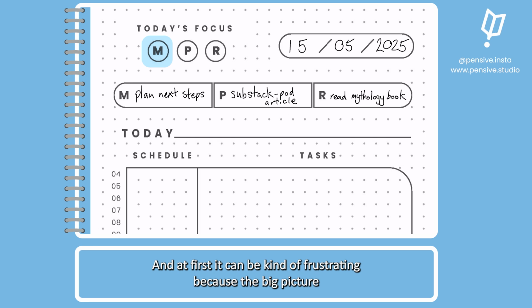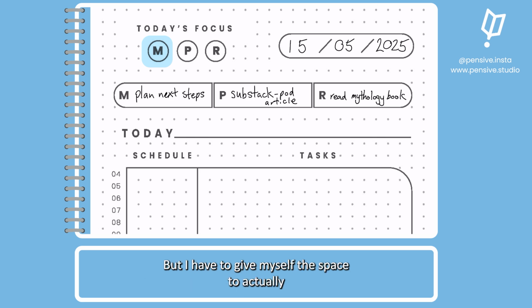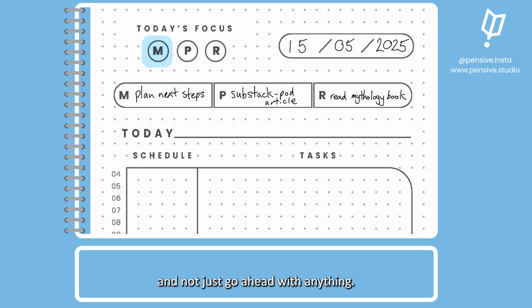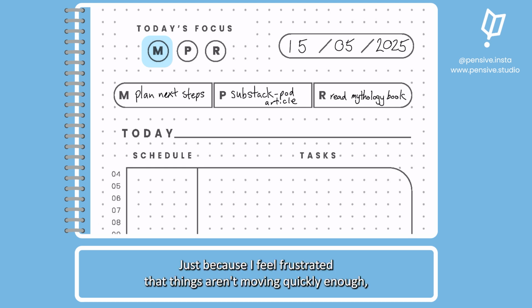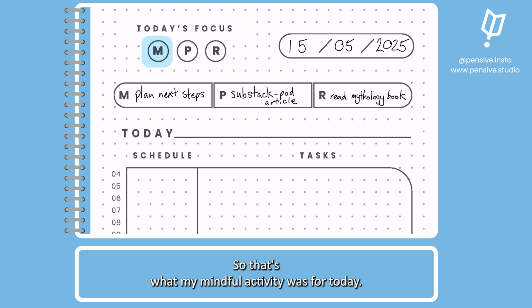At first it can be frustrating because the big picture doesn't come straight away and the answers don't come straight away, but I have to give myself the space to look at what I'm doing and not just go ahead with anything just because I feel frustrated that things aren't moving quickly enough or I'm not achieving enough. So that's what my mindful activity was for today.